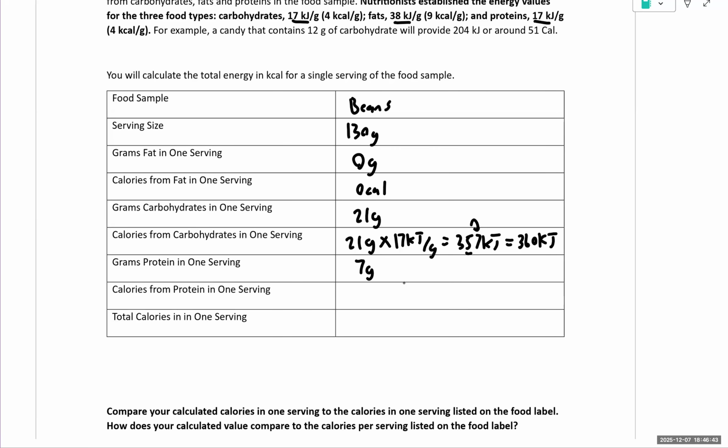So 7 grams times 17 kilojoules per gram gives us 119 kilojoules that we round to 120 kilojoules.